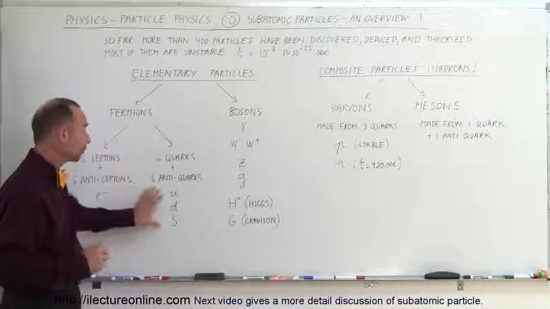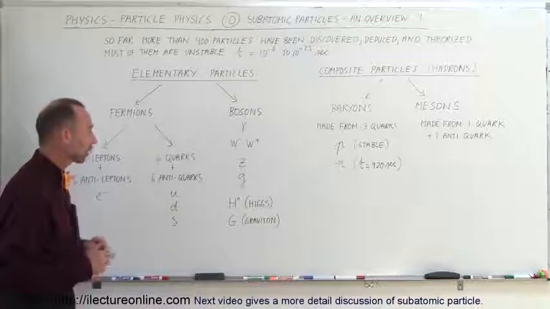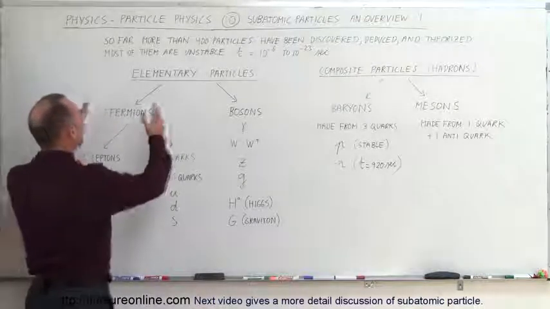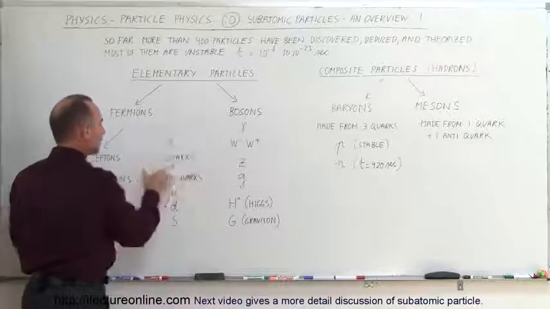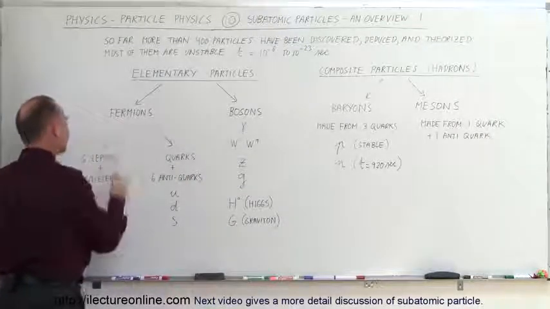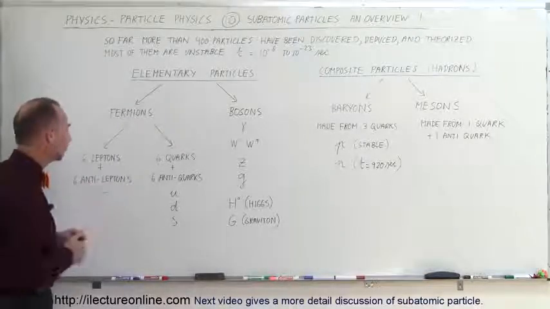So the ones that make most of the particles we're familiar with are the up, the down, and the strange quark. Those are the fermions that either make up the large particles that are conglomerates of the basic elementary particles, or we have the leptons, such as the electron, that exist in unitary formation.